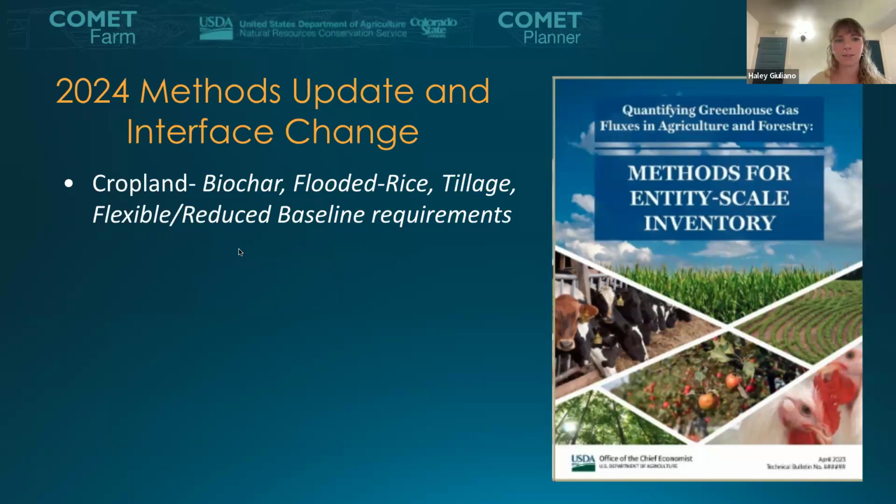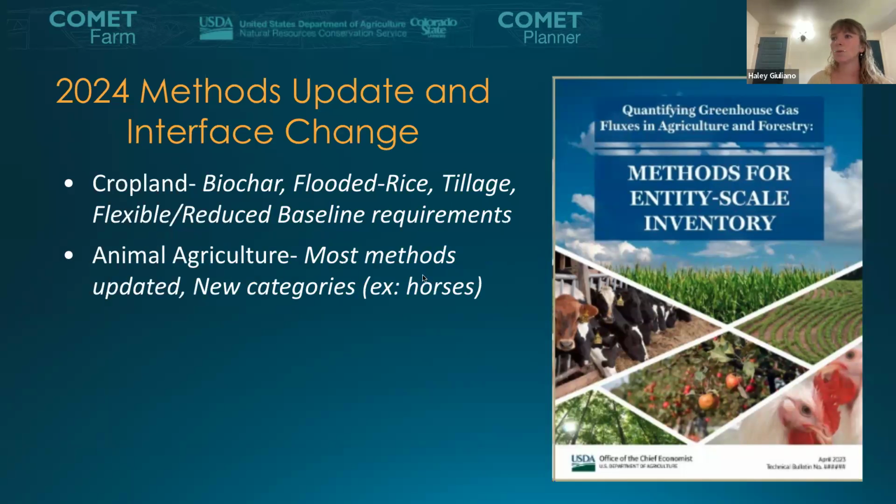We're going to see a lot of updates coming to the animal agriculture section, which we're not looking at today, but the majority of the methods have been updated, and there's a new interface to make it a lot easier to input. We'll see some new categories: horses, and I believe bunnies make an appearance as well.